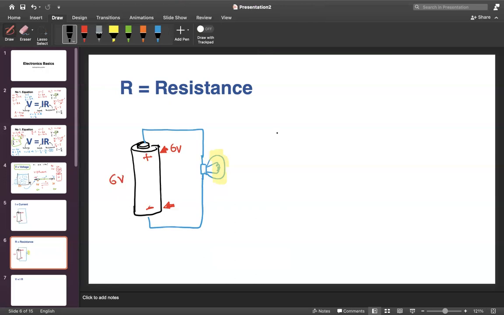Okay, so the bulb is taking the voltage to light up itself. The bulb is taking current to light up. Okay, it's not voltage, and it's okay, you're still learning. So now we know the bulb is taking current to make light.